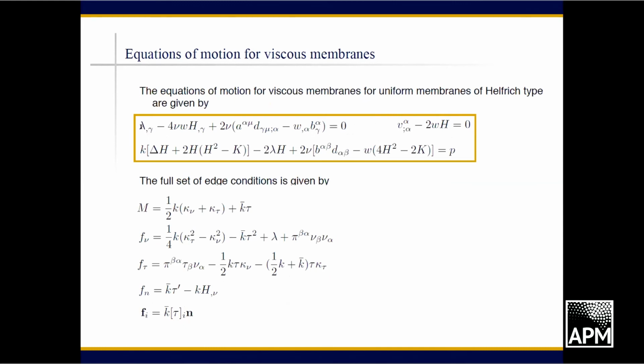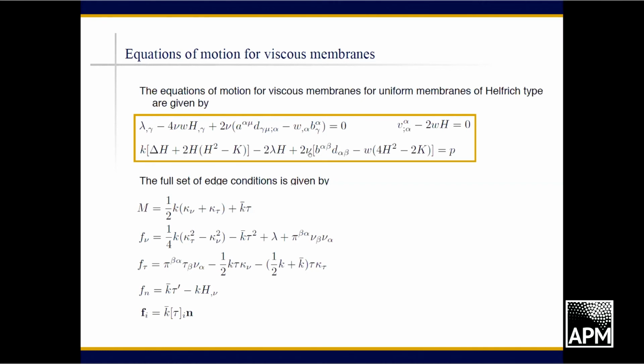The gradient of the Lagrange multiplier now is balanced by viscous terms, which involve the shape of the surface as it evolves. This is kind of like a Marangoni flow effect, except modified to account for curvature in the surface.